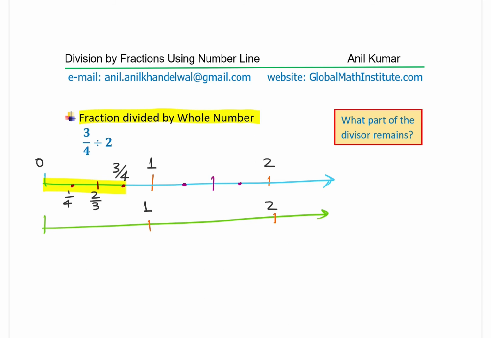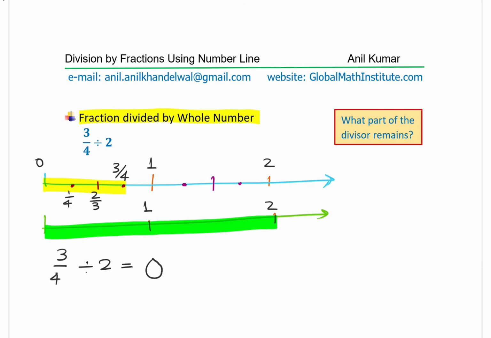We have to divide this 3/4 by a bigger number, which is 2. Correct? Now, in this particular case, when you divide 3/4 by 2, what we see here is it cannot be divided. So we get 0. So when we get 0, something remains. And what remains is this portion. 3/4 remains. Now we have to see how much part it is of the divisor, which is 2.